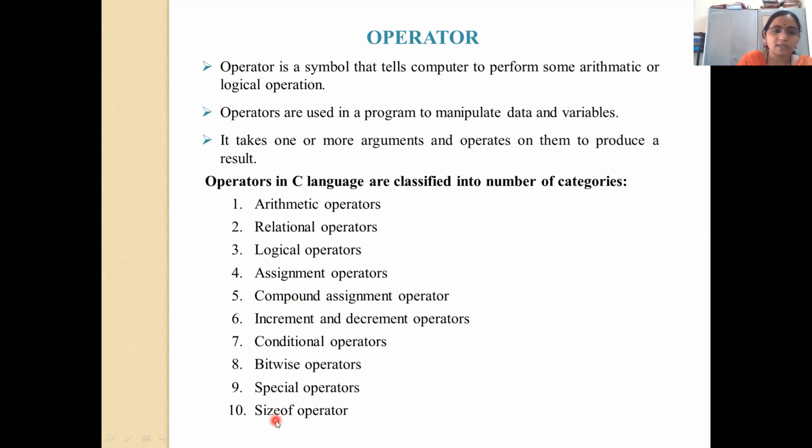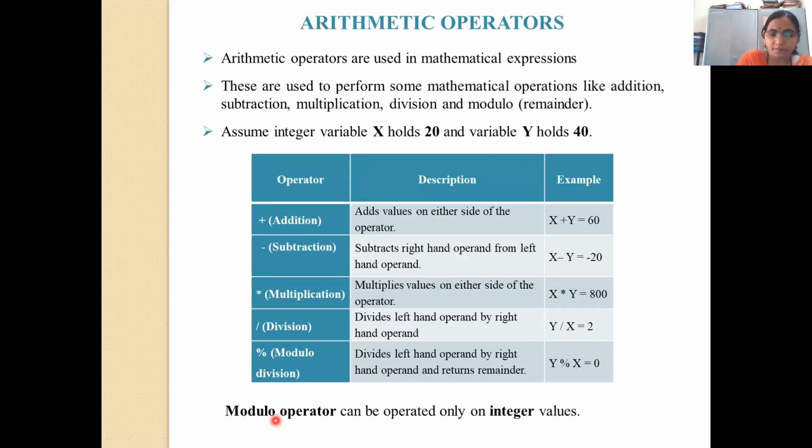So the C language provides lots of categories, and such a number of categories may not be available in other languages. So the C language is rich in providing operators. Now we see each category one by one.